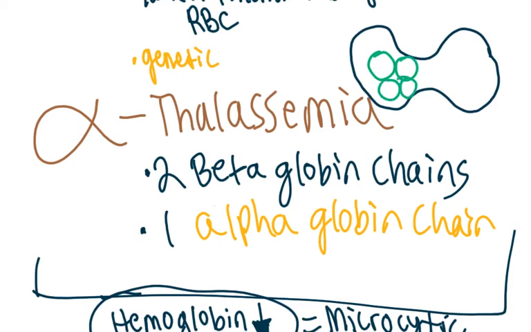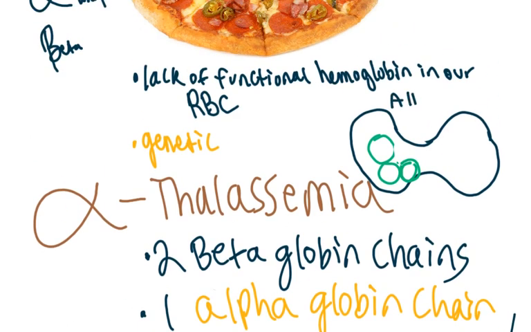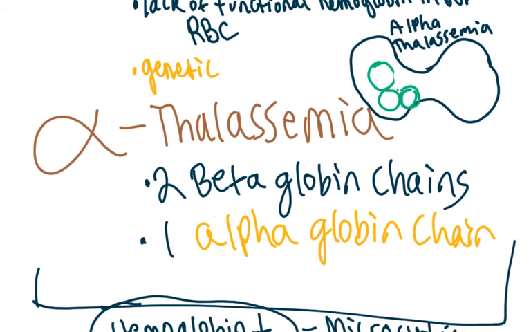If this red blood cell represents alpha thalassemia, we're going to see 3 globin chains, and this individual's red blood cells have 1 alpha globin chain and 2 beta globin chains.